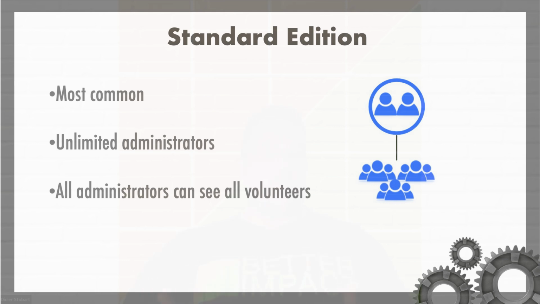Important to note, probably the biggest reason the standard is different to the enterprise is that in the standard, all administrators can see all your volunteers. That is probably the main reason we see a lot of people use the enterprise system: to break up your administrators and volunteers into private sub-accounts, private departments, private locations, whatever term you use, and allow that privacy to happen.